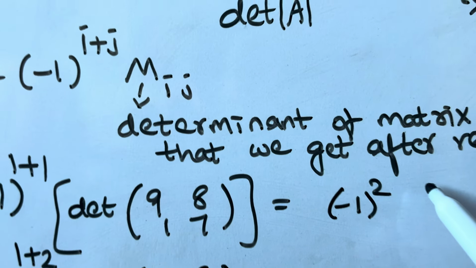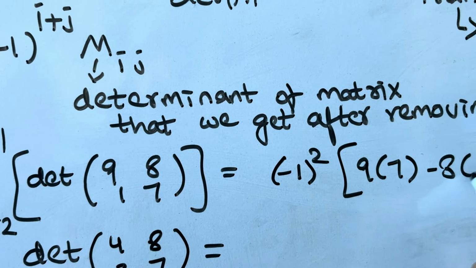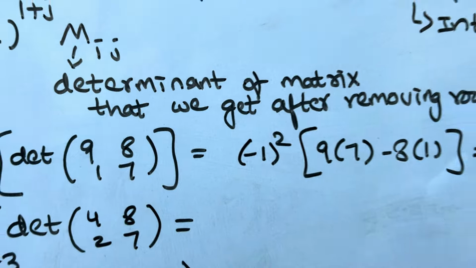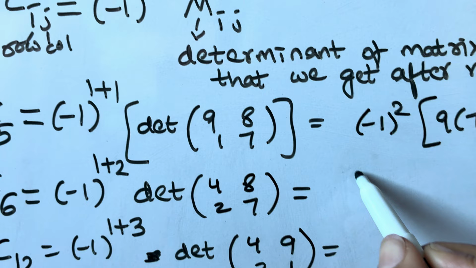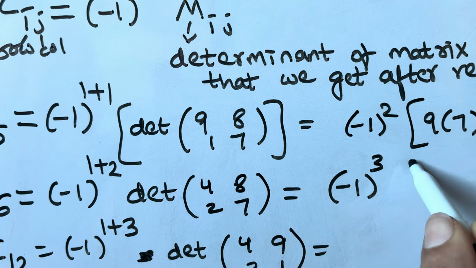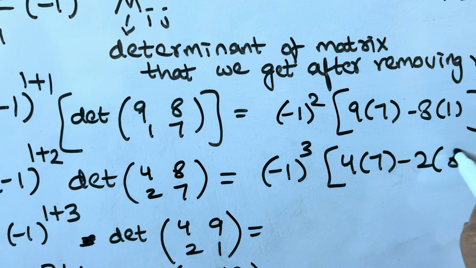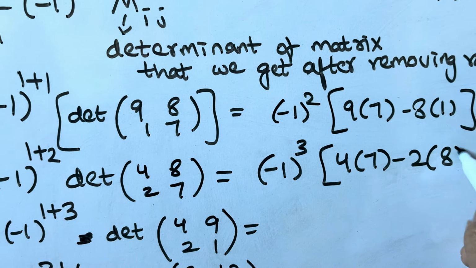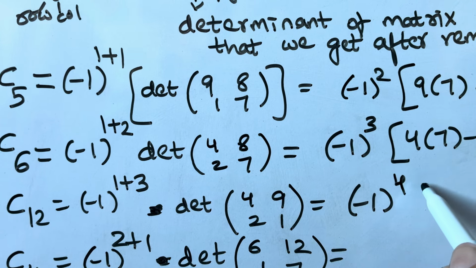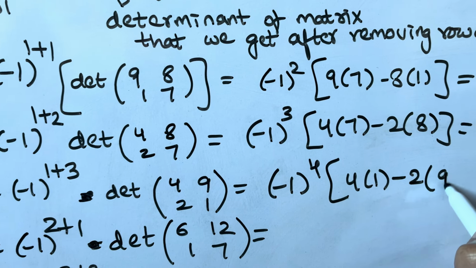So here it is 9 times 7 minus 8 times 1. Let's simplify it later. Let's first write down the equations here. -1 to the power 1 plus 2 is nothing but 3, and 4 times 7 minus 2 times 8. And next -1 to the power 1 plus 3 here is 4, and 4 times 1 minus 2 times 9.